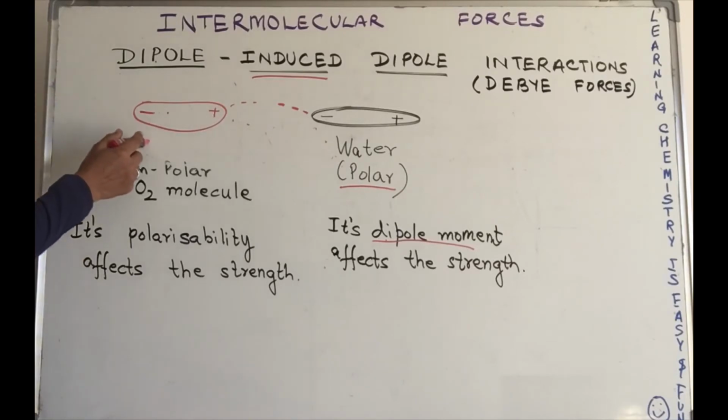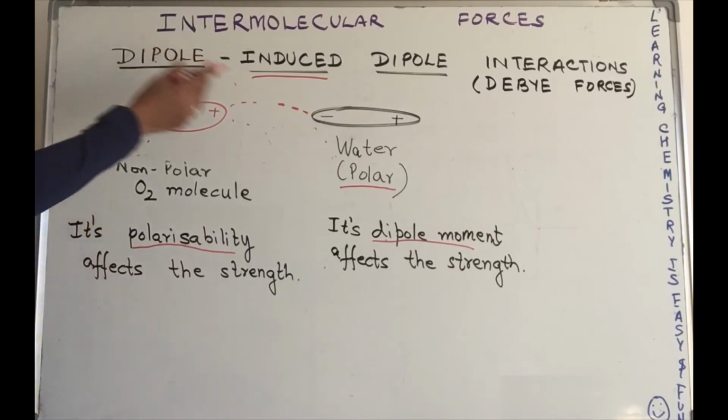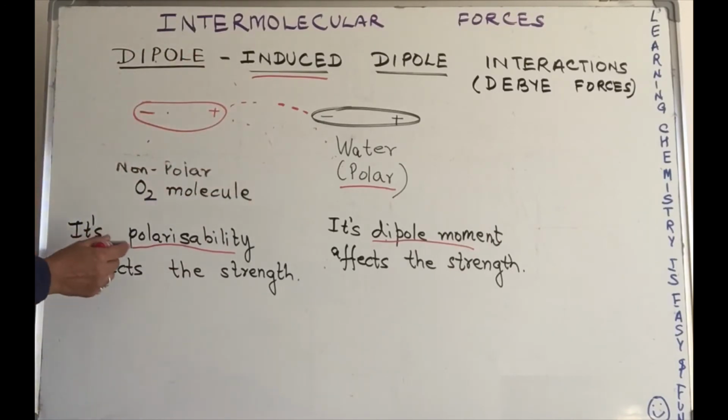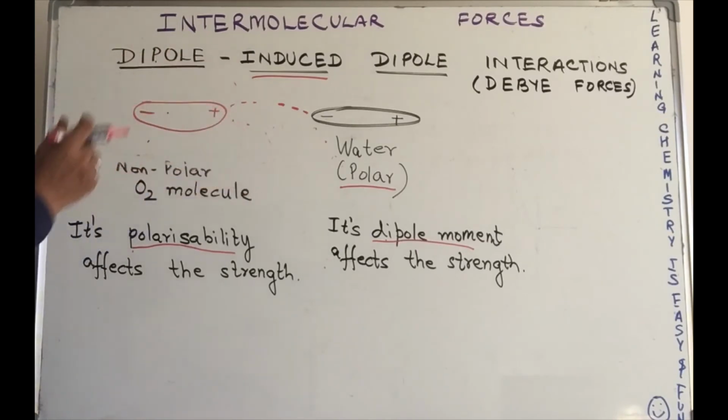And what about the non-polar molecule? Even that should be ready to develop that friendship. In the terms of chemistry we say polarizability, the ability of the electrons to spread in order to develop that friendship.